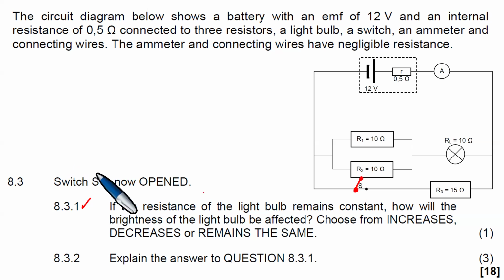Switch S is now opened. If the resistance of the light bulb remains constant, how will the brightness of the light bulb be affected? Choose from increases, decreases, or remains the same. Right.